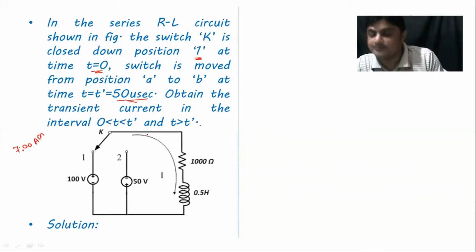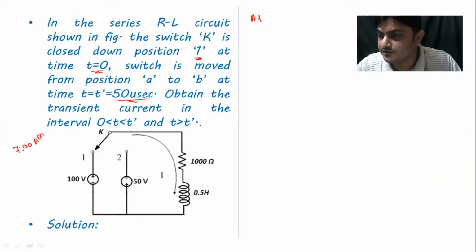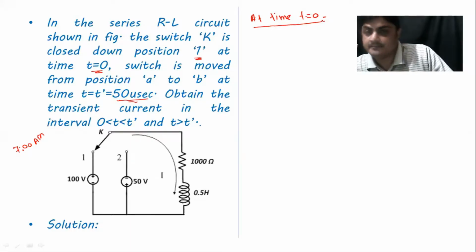This is very important. Most of the time in our previous examples, whenever we are changing the switch position and discussing, let us say, time t equal to 0 minus, in this particular case most of the time our inductor behaves as a short circuit.